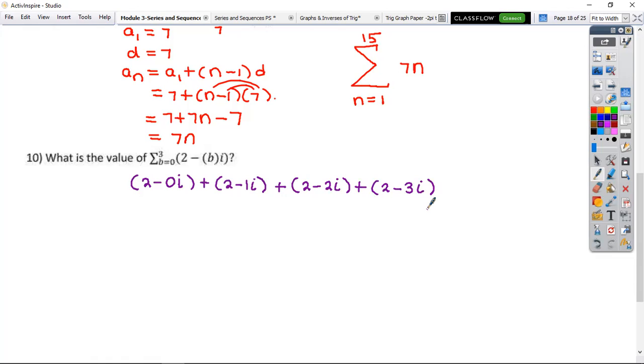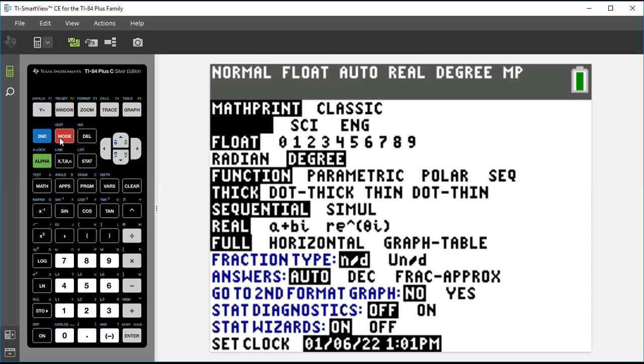You guys remember how to type that in the calculator? All right, I will show you in case you forgot. You're going to need that in a second on homework anyways. So what you need to do on your calculator is make sure you are in A plus BI mode. So you go to mode. You might still be in this from a couple months ago. And you are going to select A plus BI.